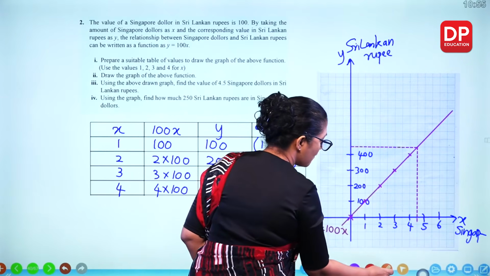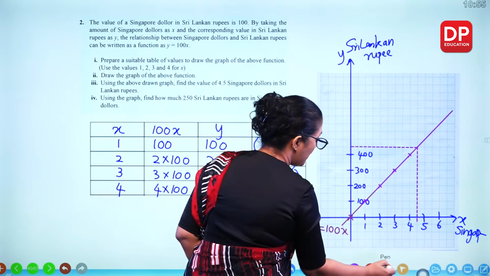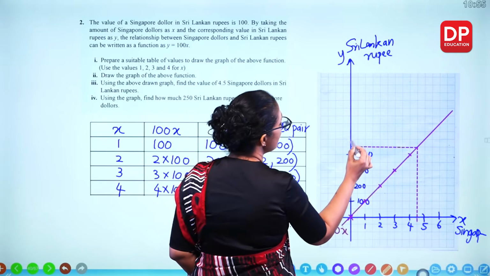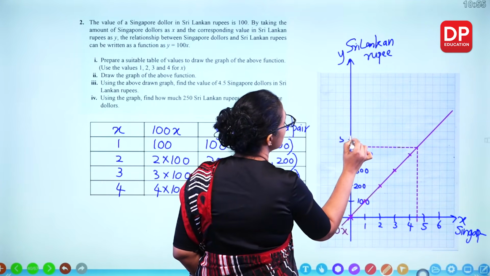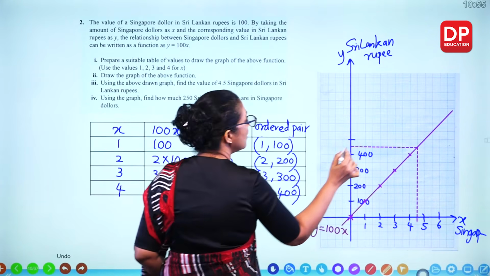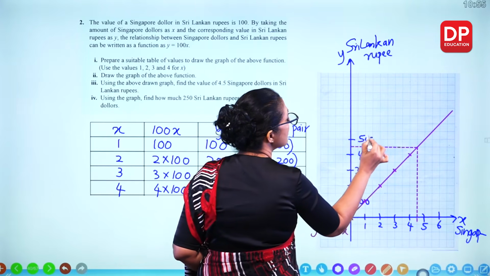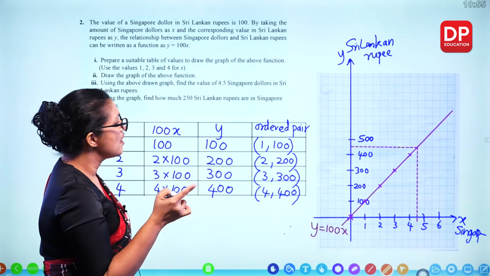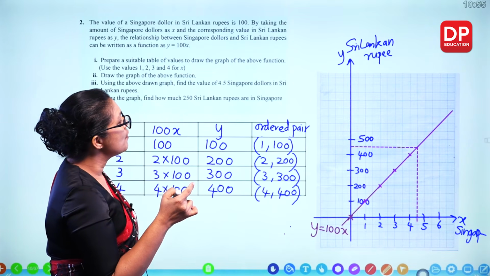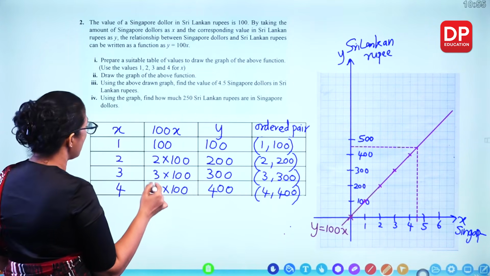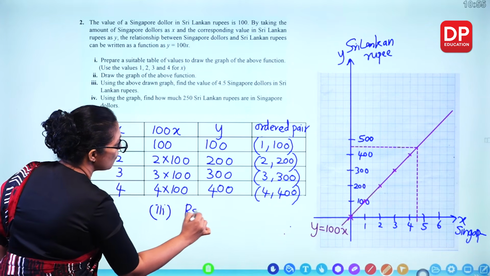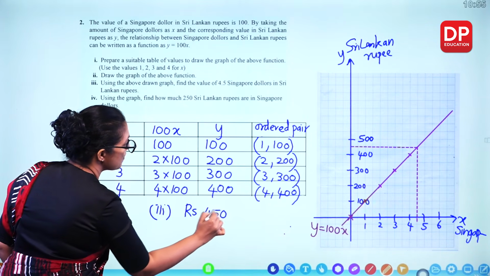What's that value? When you label it properly, this is 400, this is 500. Now in between 400 and 500, that's 450 rupees. So we can answer the third part: 450 rupees.